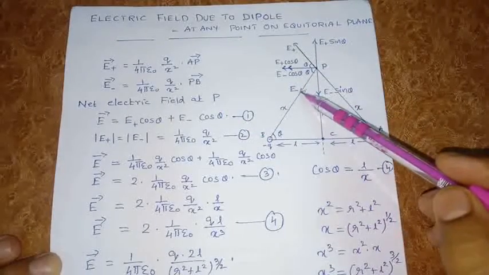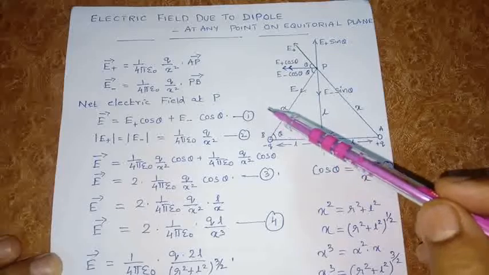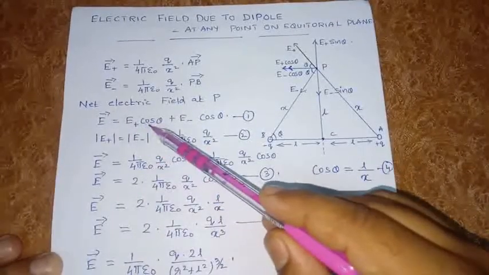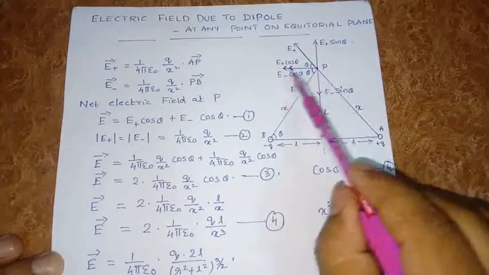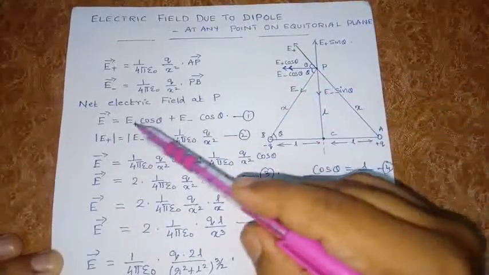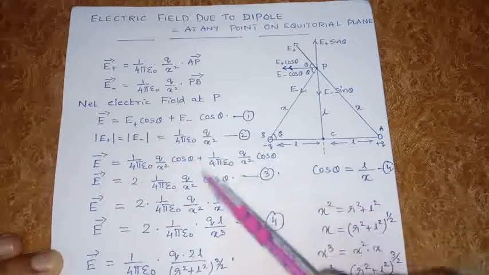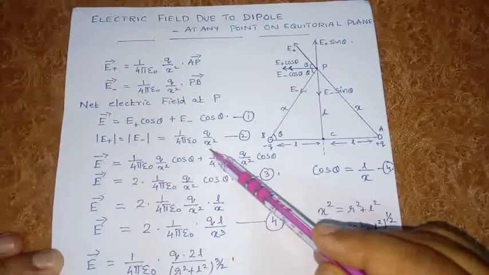The net electric field is E equal to E plus cos theta plus E minus cos theta, because only the cos components get added up, the sine components cancel each other. Since E plus is equal to E minus, the magnitude is 1 by 4 pi epsilon 0 q by x square.